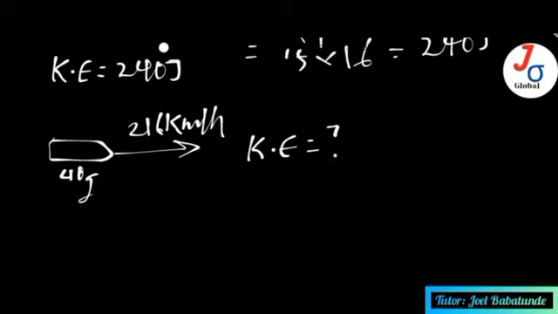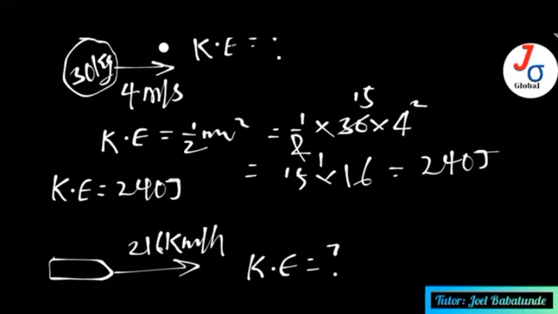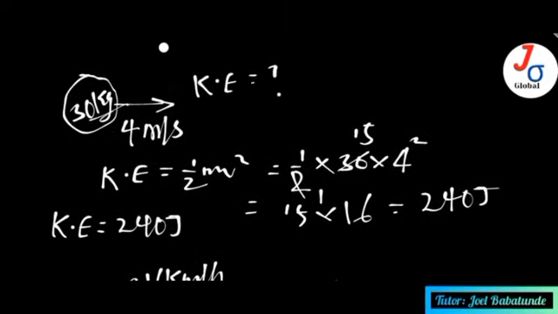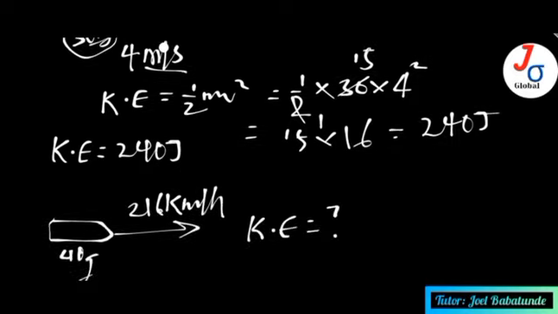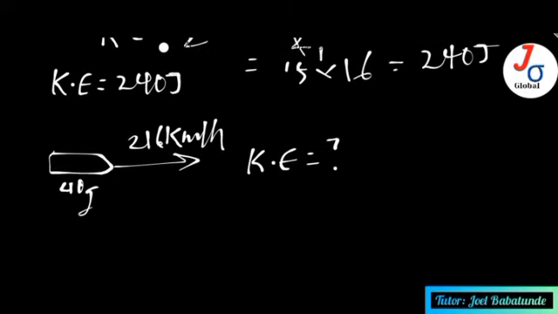Now we have seen that all of our parameters in the previous examples were in kg for the mass and meters per second for the speed. So that is the unit that your parameters should be: speed in meters per second, mass in kg. So that means we have to do conversion.